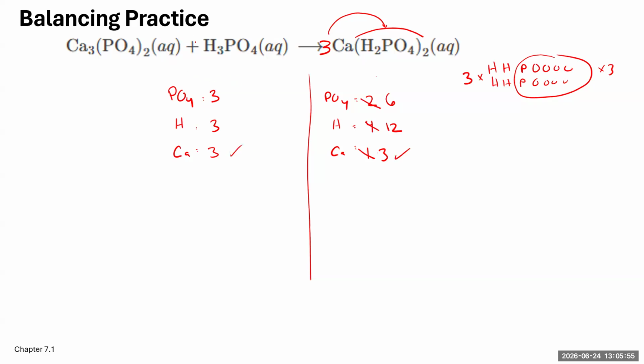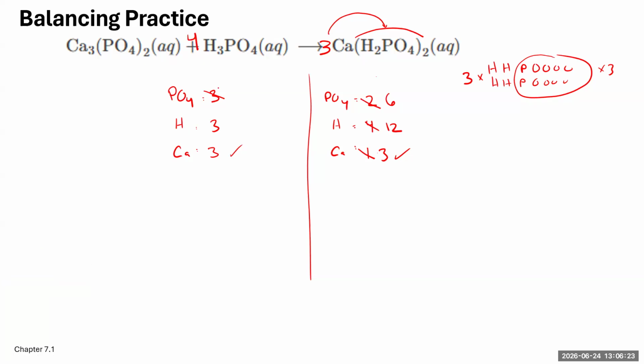Okay, so now we know we need to increase the phosphate by 3. So if we need 3 more phosphates, we have to put a 3 here. And that gives us now 6 phosphates because we have 3, actually, sorry, we need to put a 4 there, my bad. All right, because we're starting at 1, we need 3 more.